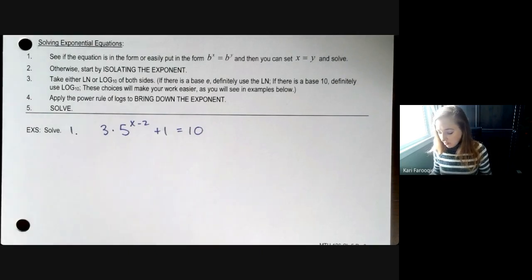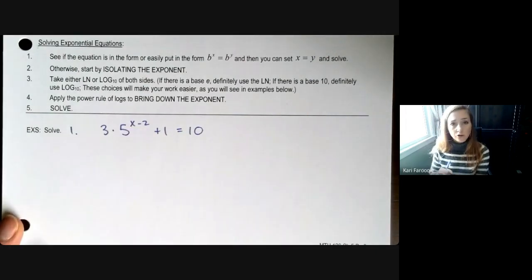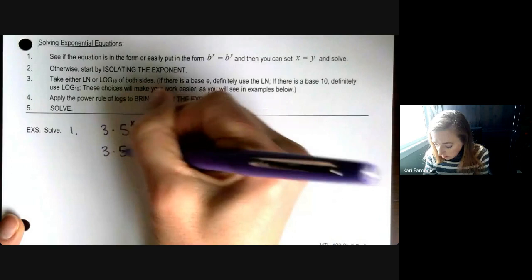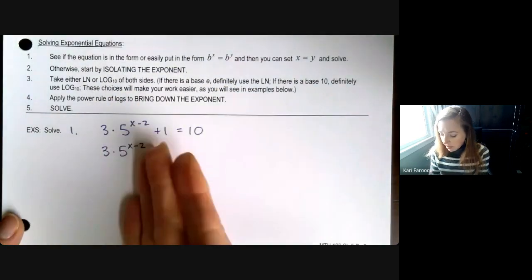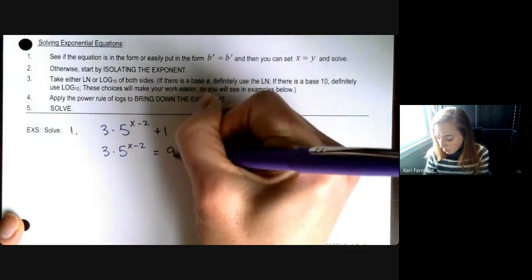The first thing I need to do is isolate the expression that has the variable in it, which in this case is 5 to the x minus 2 power. So to do that, I'm going to leave the exponential expression by itself for now, and I'm going to subtract 1 from both sides.